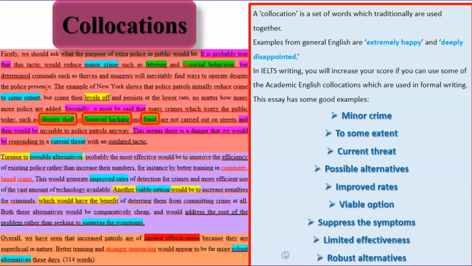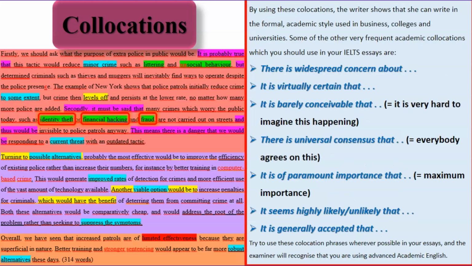And again, for learning this, please take a look again at our previous videos for academic collocations such as minor crime, current rent, viable option, limited effectiveness, and learn more about the usage of academic collocations.